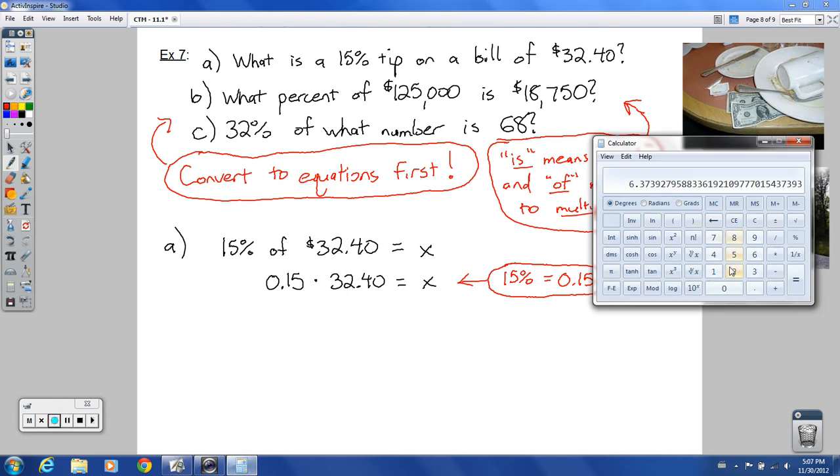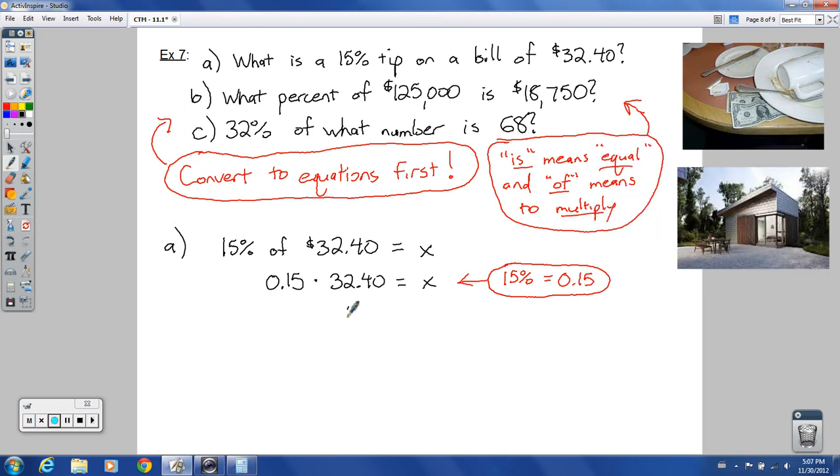And so we have 0.15 times 32.4. So you got 486. That is going to be your final answer, $4.86. So if you weren't using a debit or credit card of some sort, and you just had cash, you'd probably just leave $5, I would imagine, something like that.